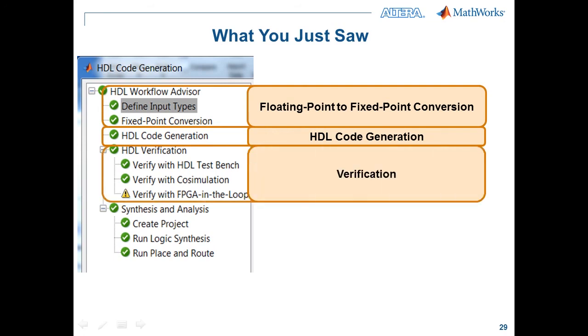We talked about three different kinds of verification: a standalone HDL verification using ModelSim, and then through the HDL Verifier capability, we also discussed co-simulation between MATLAB and the generated HDL, and we also showed how to do FPGA-in-the-loop verification with the HDL Verifier capability as well, targeting the Stratix 5 evaluation board.